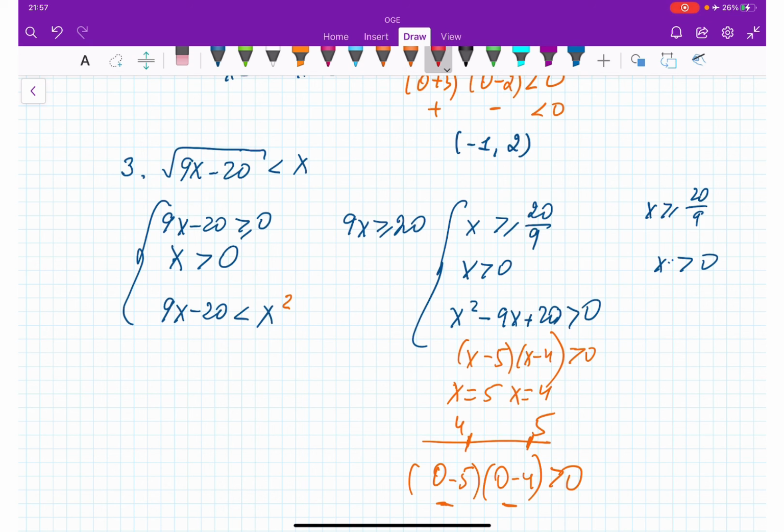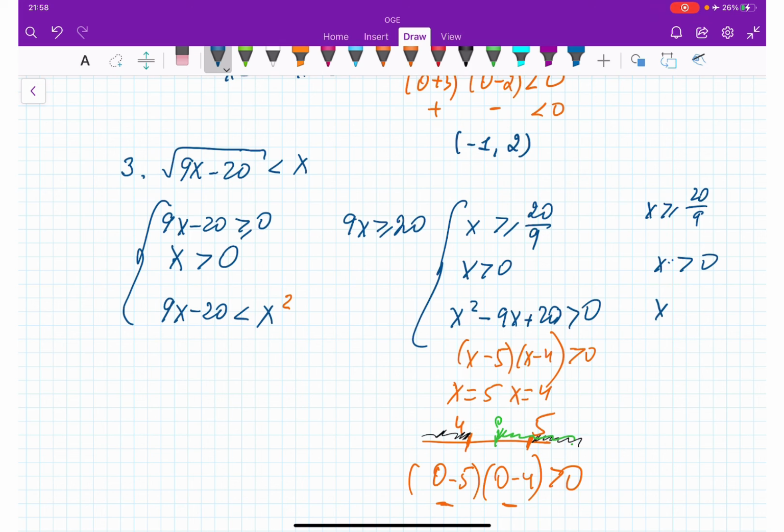So the correct answer is going to be less than 4, more than 5, and more than 0. If we have more than 0, then greater than 5 is going to cover it, right? Starting from 5.